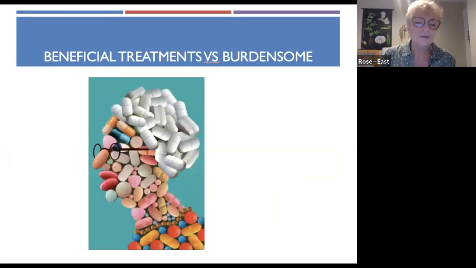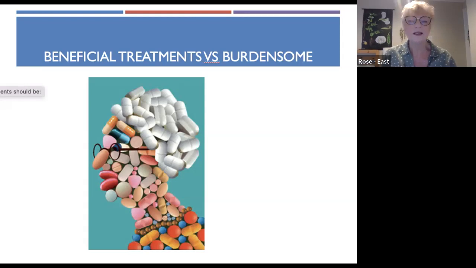Beneficial treatments versus burdensome treatments. I think we all understand, and we've seen enough as aged care nurses, plenty of evidence of treatments that were burdensome, like somebody getting a PICC line for a chronic wound when they've been bedbound for 3 years and their health status is very poor.